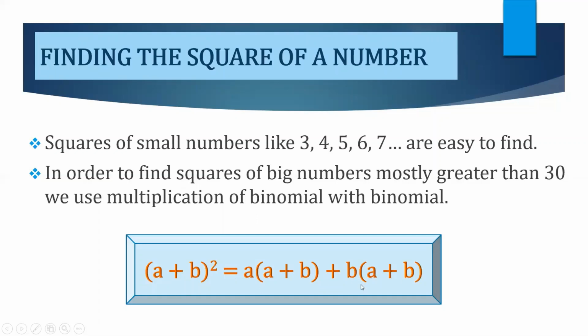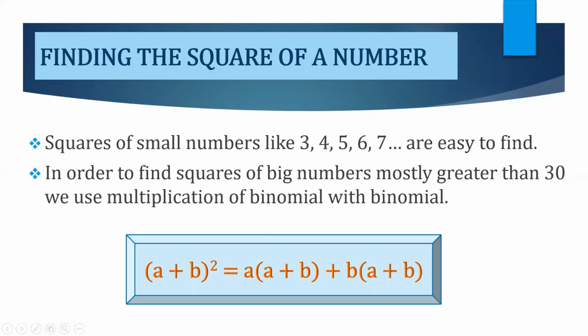So when we have a bigger 2-digit number, we will split it into a plus b form. Suppose I have to find the square of 37, then I'll split 37 as 30 plus 7. If I have to find it for 92, I'll do 90 plus 2. If I have to find it for 68, then I'll do it as 60 plus 8. I'll split the number in the form of addition, and then I'll make a square.